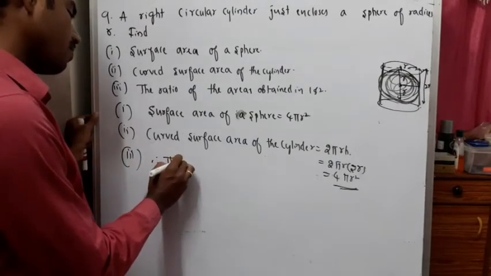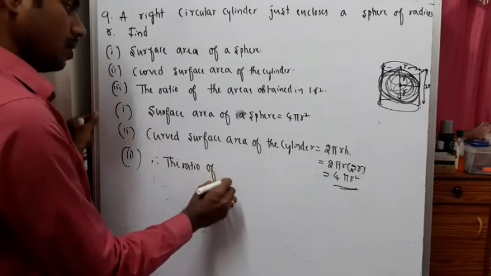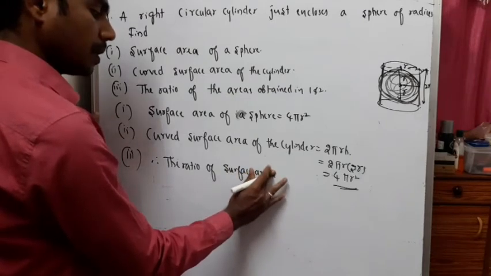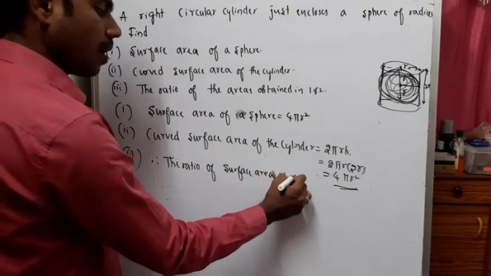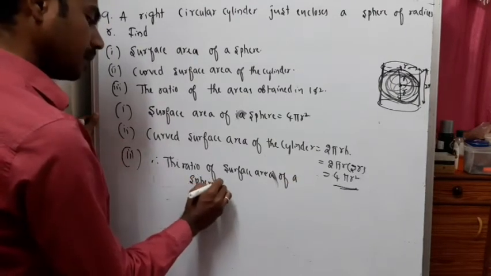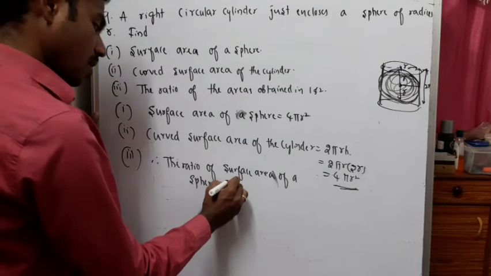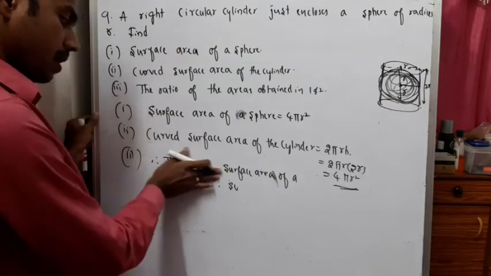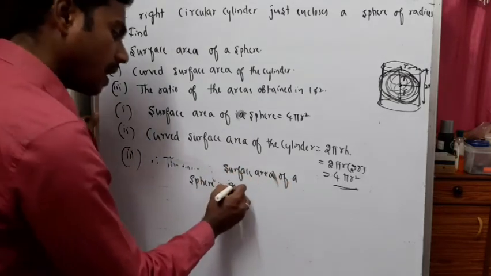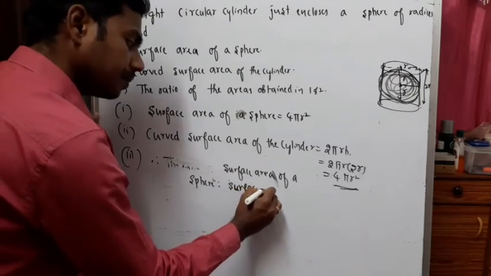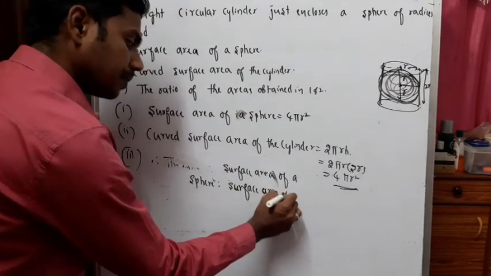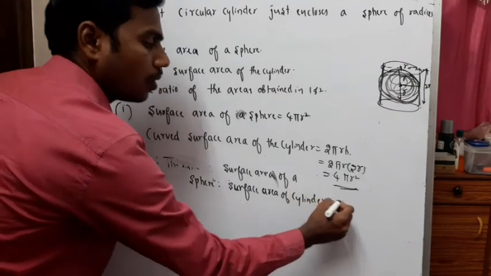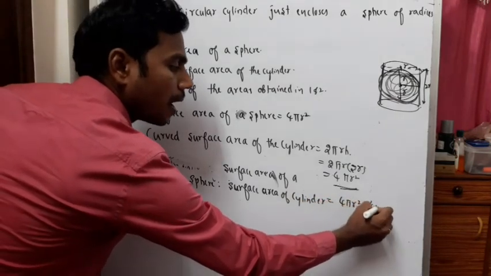Therefore, the ratio of the surface area of a sphere to the surface area of the cylinder is equal to 4 pi r square is to 4 pi r square.